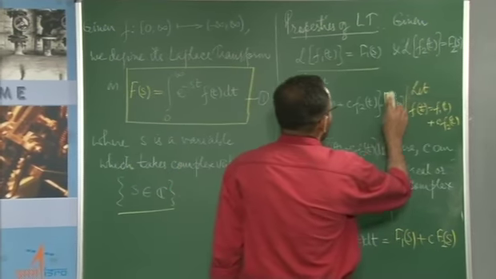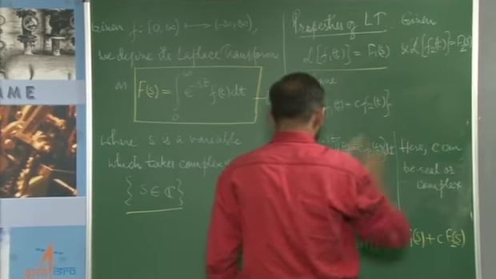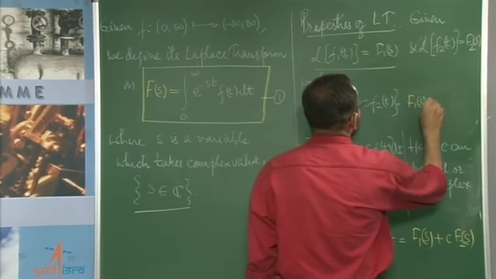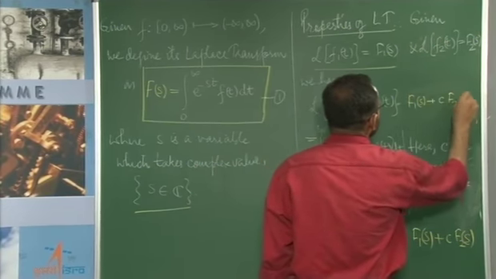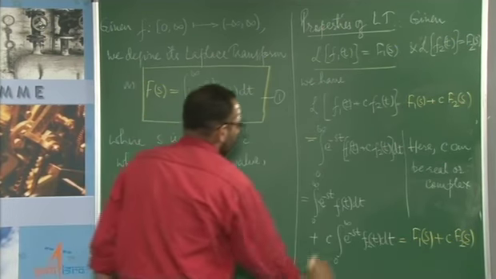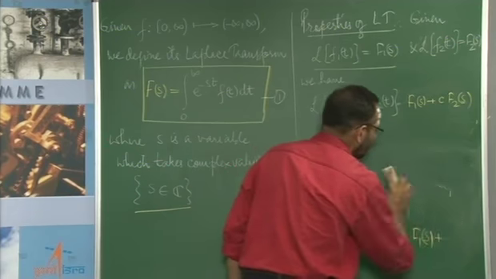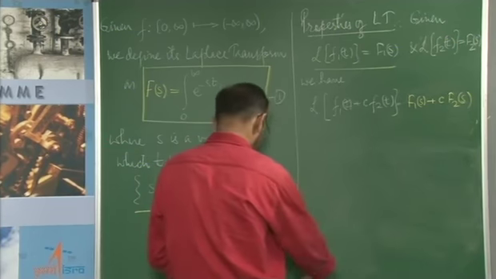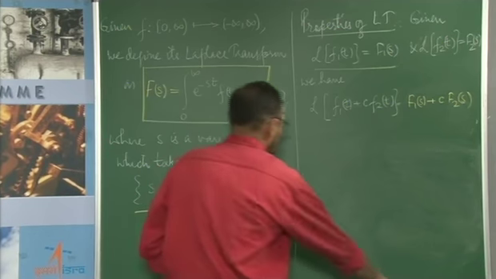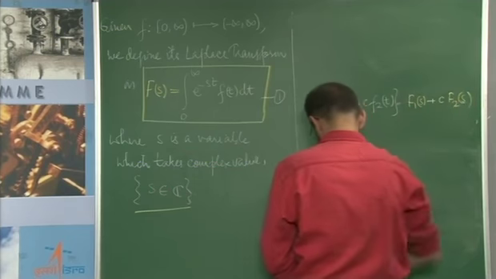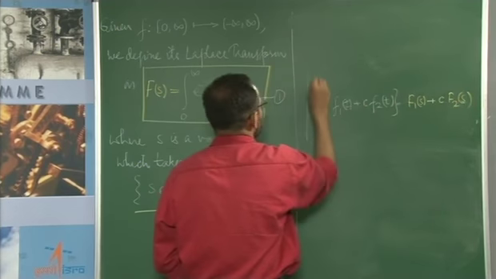So, here we now have this result which says this must be F1 of s plus c times F2 of s, which is the result that you have derived here now. So, this is a useful result. This is not valid only for two of them, this is valid for any number of them. So, this is the second property that you are going to be using.